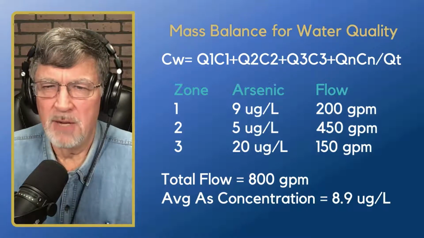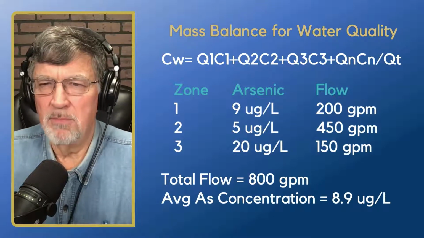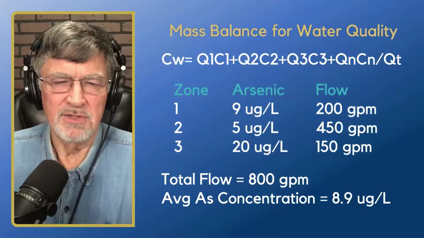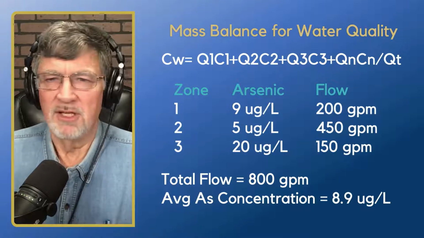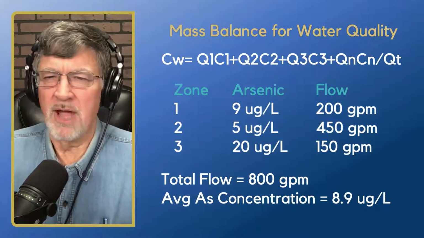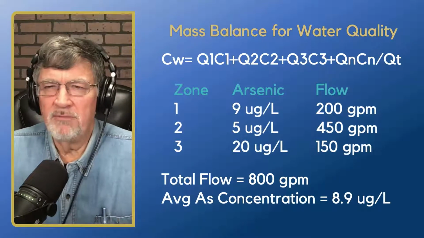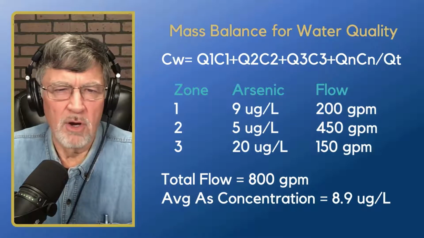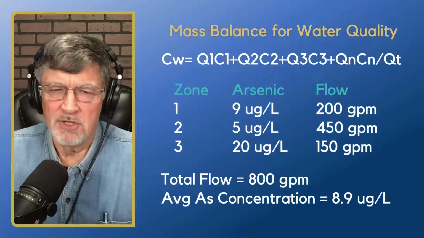We add all those up, and then we divide for all our different zones. So QN, CN is, if you have fourth and fifth zones, then you're adding all that up. And then we divide by our flow total, and that gives us our weighted average concentration.